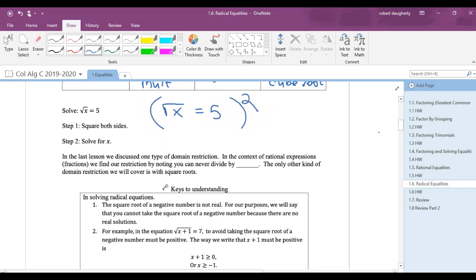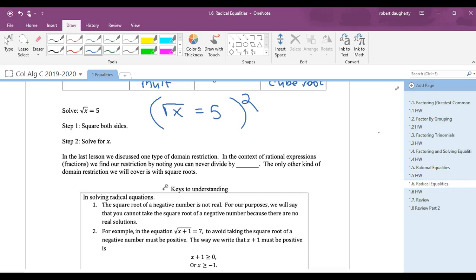Okay? So what happens when I have the square root of x and I square it? What do I get? Not x, so the square root of x squared is what? Not 1.